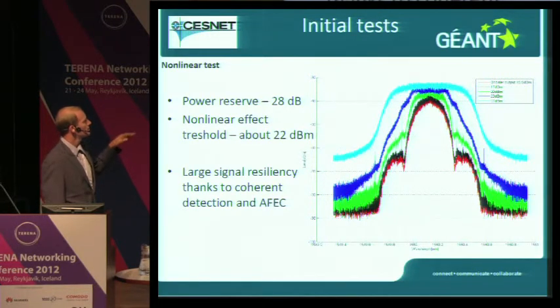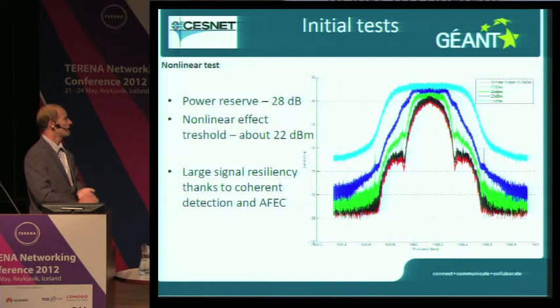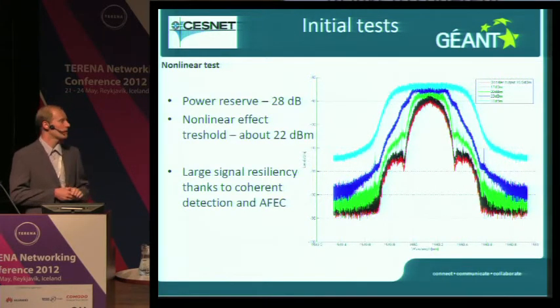Up to that level, the signal quality is not hampered. So we verified that the signal is largely resilient thanks to the coherent detection and also thanks to advanced forward error coding.